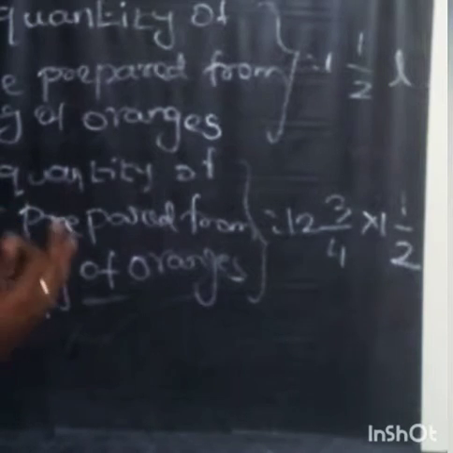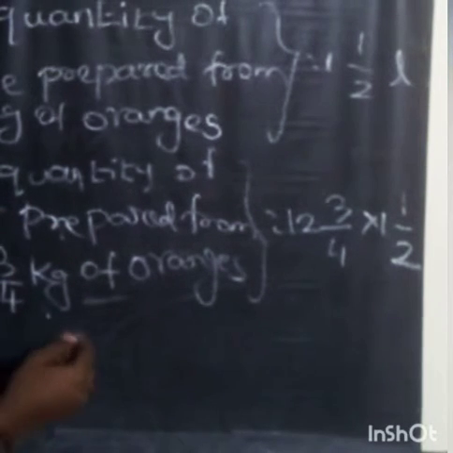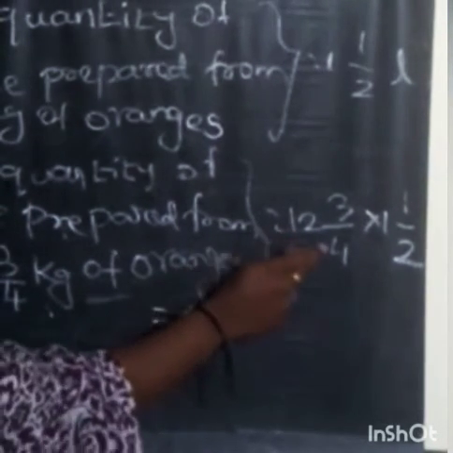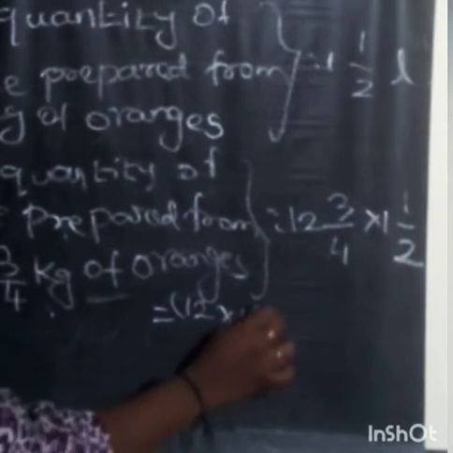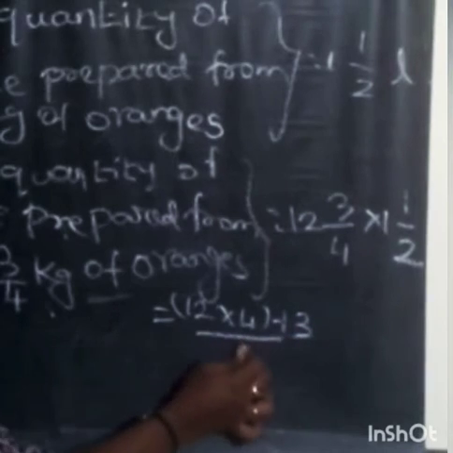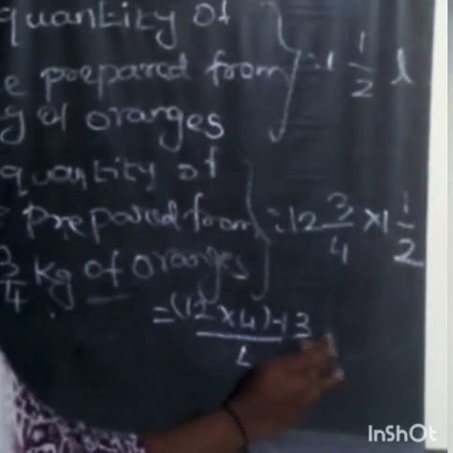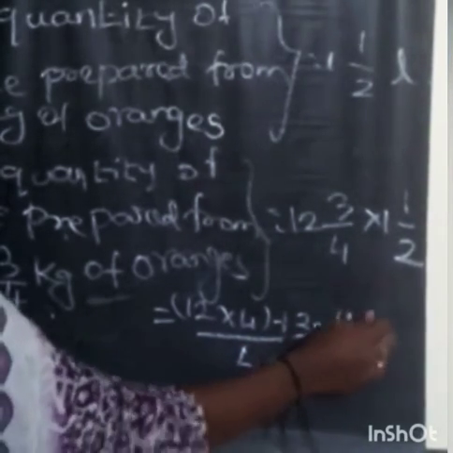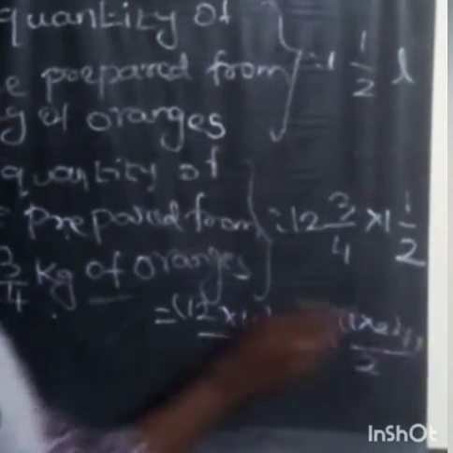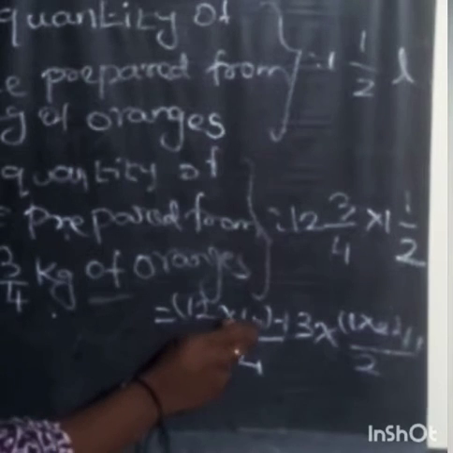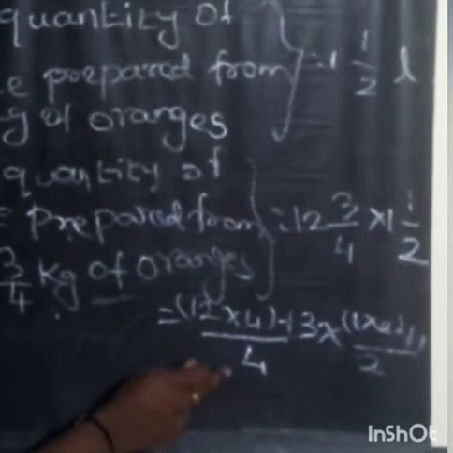So 12 3/4 times 1 1/2 becomes (12 times 4 plus 3) divided by 4, times (1 times 2 plus 1) divided by 2. Whole number times denominator plus numerator, divided by the denominator.